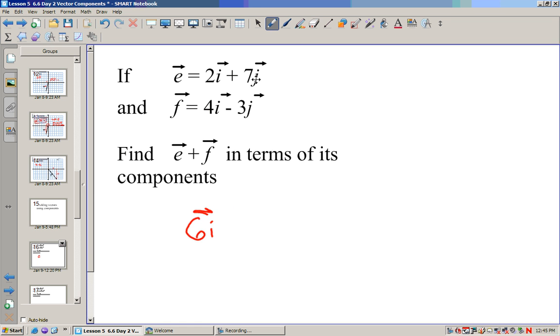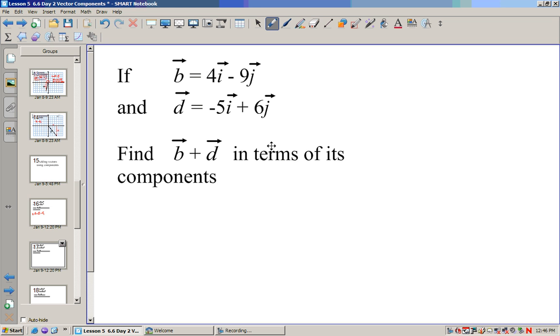Now if this moves it up 7 and then down 3, in the end it's just going to be up 4. So 6i plus 4j is e plus f. Pretty easy. Add the i's, add the j's.